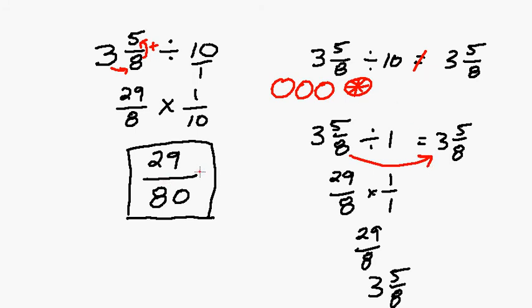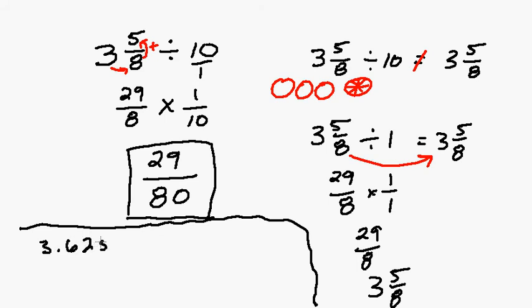If you have a decimal number, dividing by 10 is really easy. If you had the decimal for 3 5/8, I'm kind of getting off track a little bit here, but that's okay. If you had the decimal for 3 5/8, which is 3.625, and to get that, you'd have to actually do 5 divided by 8, and that gives you the 0.625.